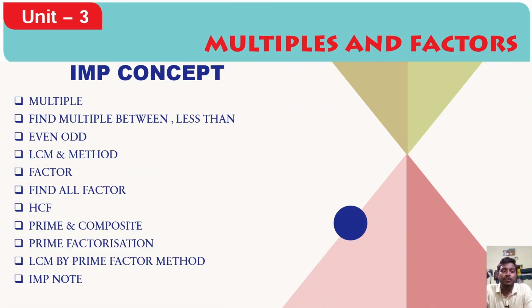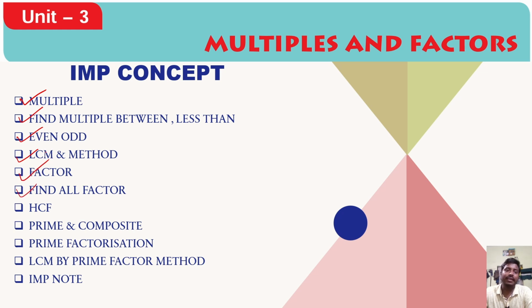In this chapter, first we understand what is a multiple. Then we understand how to find the multiples between any two numbers or less than a number. Then what is even and odd? Then LCM and how to find the LCM, the methods of LCM. Then what is a factor?